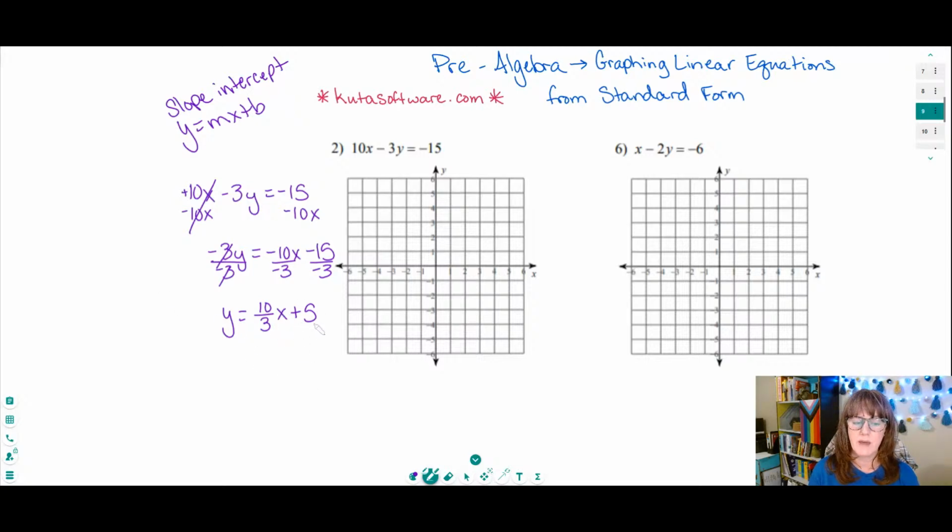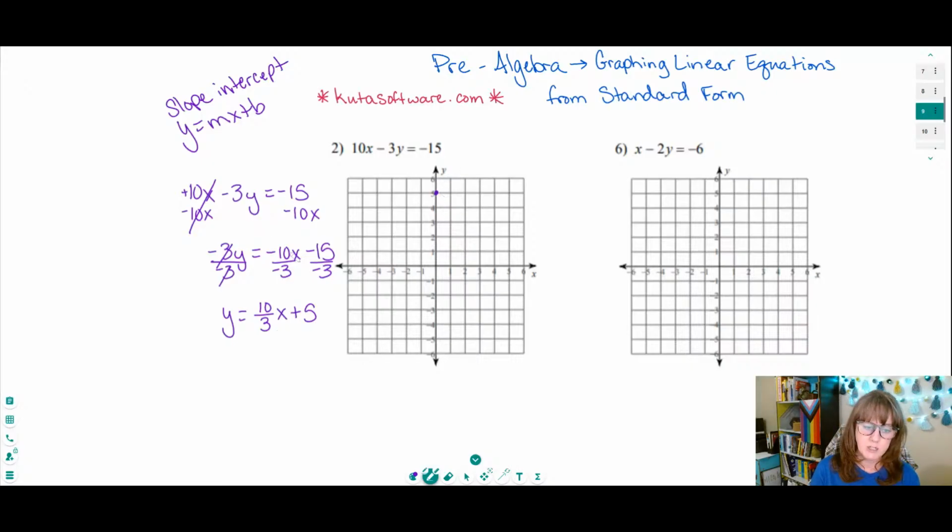So I'm going to start with that y-intercept of positive 5. So that's going to be up here. And then our slope is 10 over 3, so we have a rise of 10 and a run of 3. Now, where my y-intercept is, I don't really have room to go up 10 units.